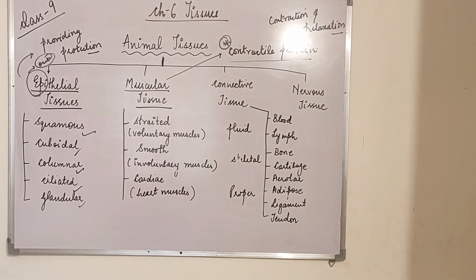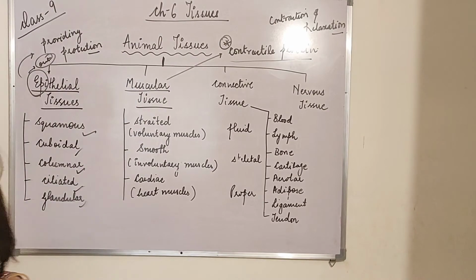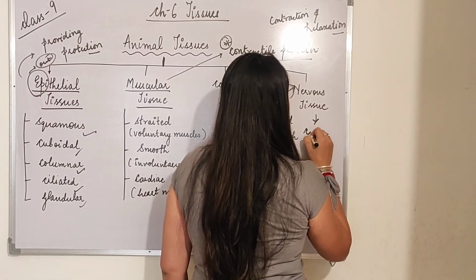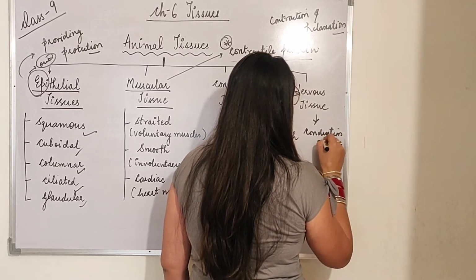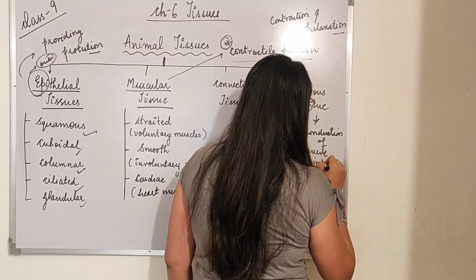Right? And the last one is nervous tissue. Nervous tissue helps in the conduction of nerve impulses.